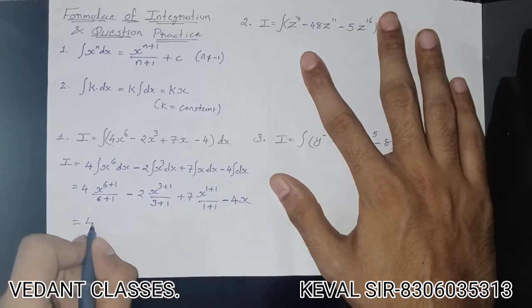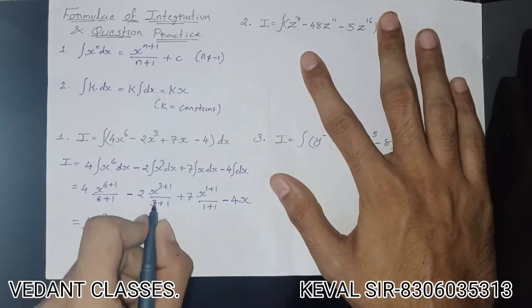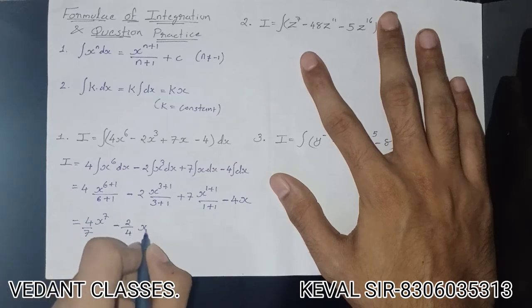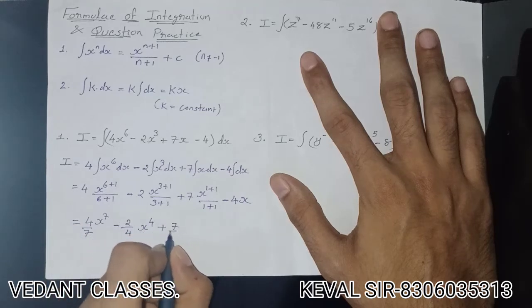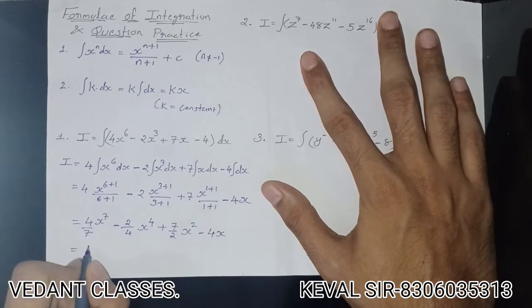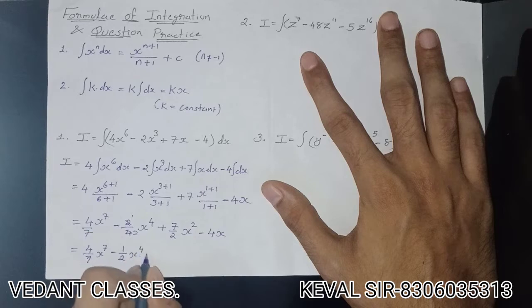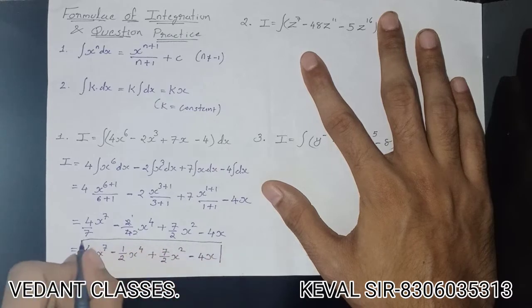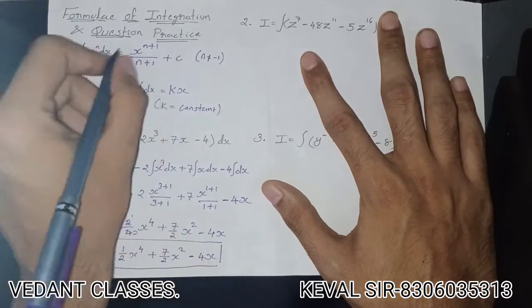So this will be 4 x raised to 7 upon 7, minus 2 by 4 x raised to 4, plus 7 by 2 x square, minus 4x. Now see, this will be 4 by 7 x raised to 7, minus 1 by 2 x raised to 4, plus 7 by 2 x square, minus 4x. So this is how we can take the integration of the x raised to n term.